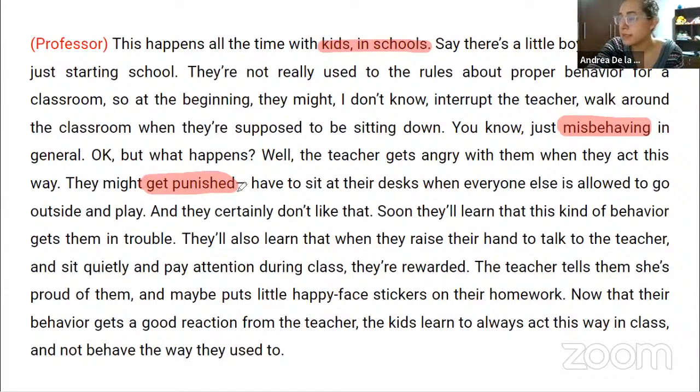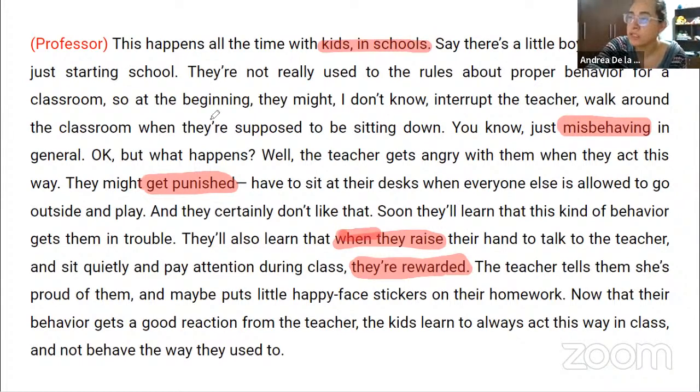Now, what happens is that they also see that when they behave properly, when they raise their hand, when they behave well, the way that they should, the teacher rewards them. So they are rewarded. Now, all of this leads the students to learn that when they behave well, they get rewarded. So what they do is they change their behavior.